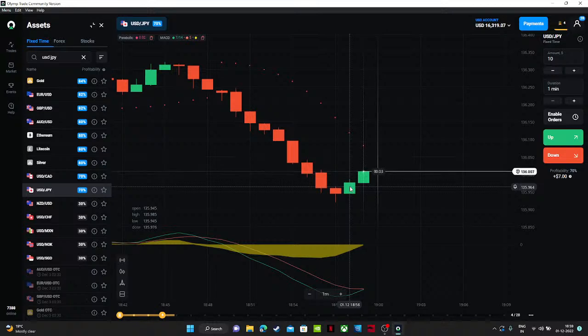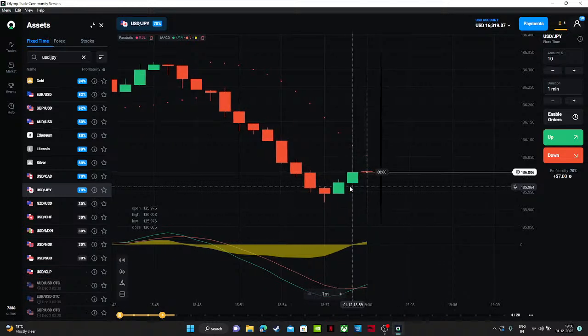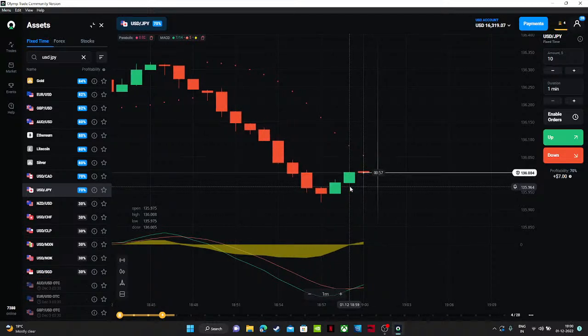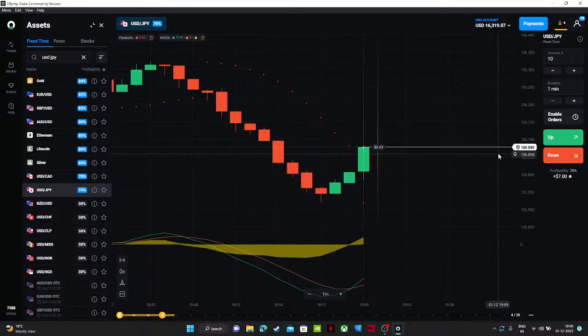If the data is showing negative, then you can plan a downside trade in USD JPY, and if it is showing positive, then we can plan an upside trade. See the initial jobless claims data, it is showing us in the positive direction, so I think we can enter into an upside trade.